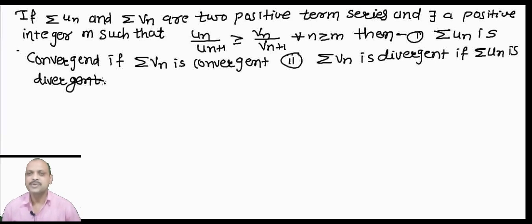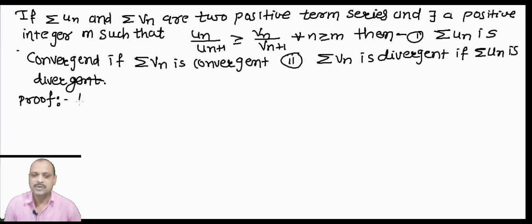See the relation between the terms of the sequences: un divided by un plus 1 is greater than or equal to vn divided by vn plus 1. So, as usual, we consider the sequences of partial sums.